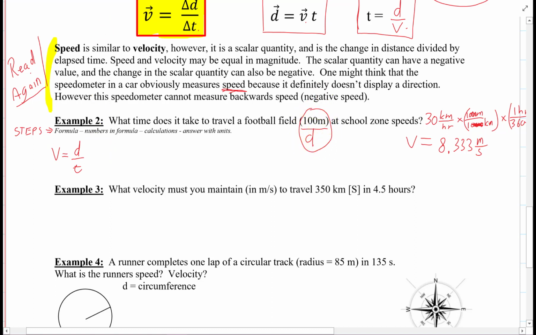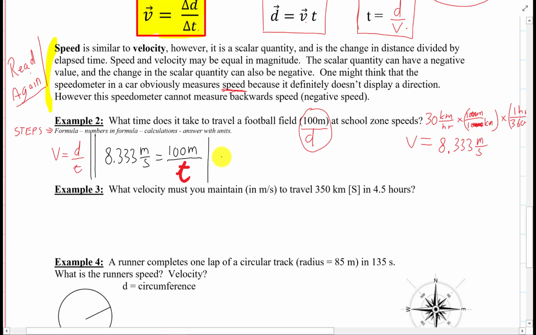So let's plug in the numbers. I'll put the line here just to separate it. Putting the numbers in, I get v is 8.333 meters per second is equal to, d is 100 meters, and we want to find the time. Last but not least, let's rearrange this.